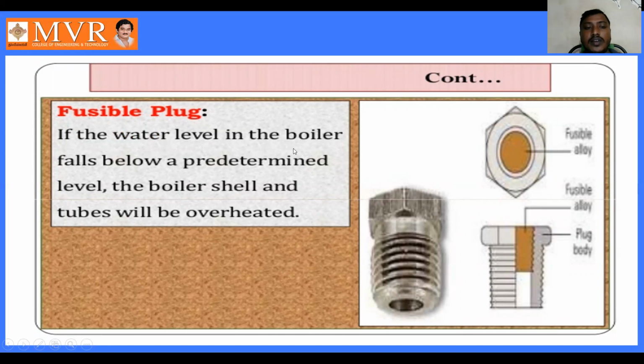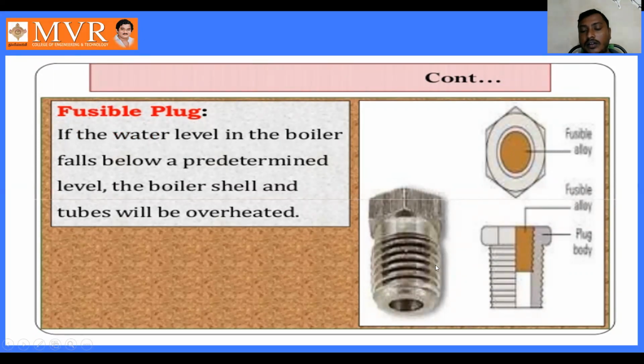If the water level in the boiler falls below a predetermined level, the boiler shell and tubes will be overheated. For controlling this overheating, the fusible plug is used in the boiler. This is the fusible alloy and this is the plug body.